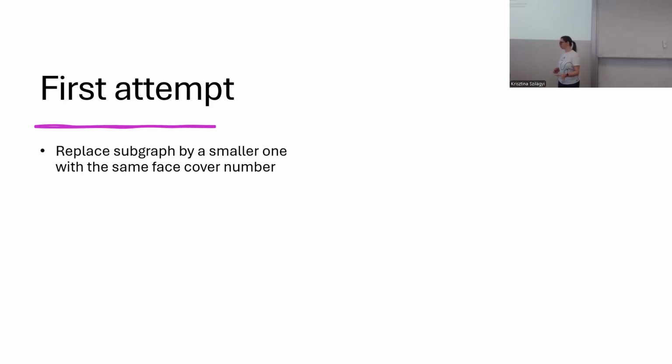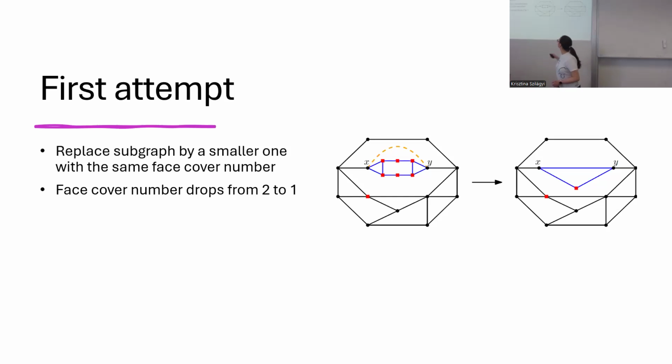So, let's take a subgraph that corresponds to a child of a node, and replace it by a smaller graph that has the exact same face cover number. The problem is that if we do this, look at this blue graph, where the red squares are the terminals. This blue graph has a face cover number of 1 because you can use this rectangular face to cover all its terminals.